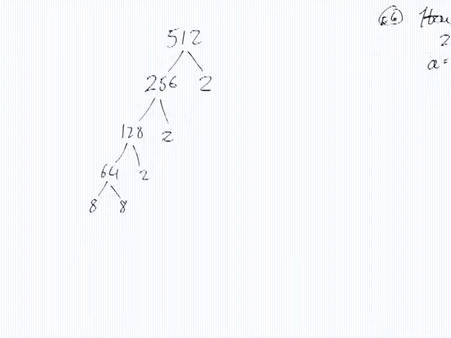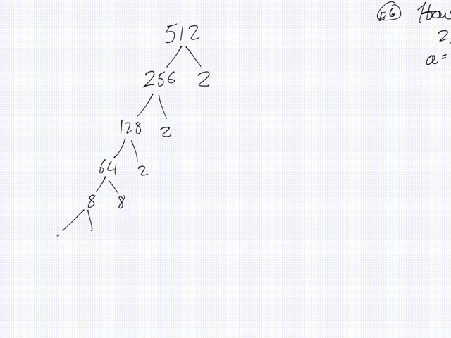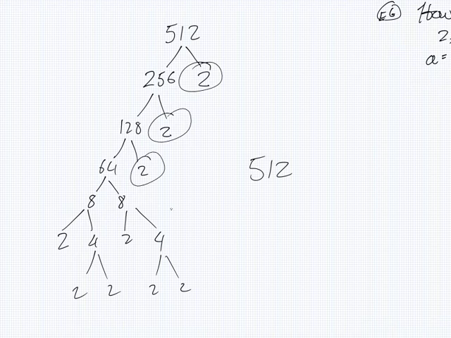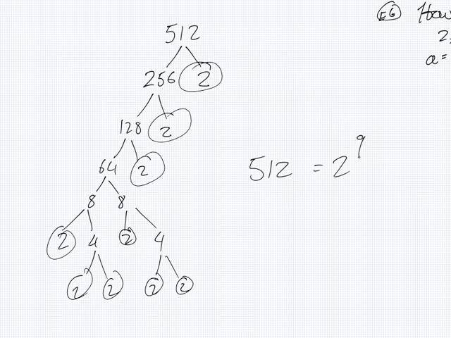What about the 8? 2 by 4. And 4 here? 2 by 2. How many 2s? Yeah. 1, 2, 3, 4, 5, 6, 7. Oh, yes. 8, 9. Okay. So it's 2 to the power 9 then.